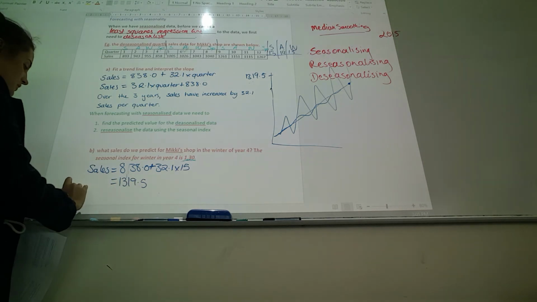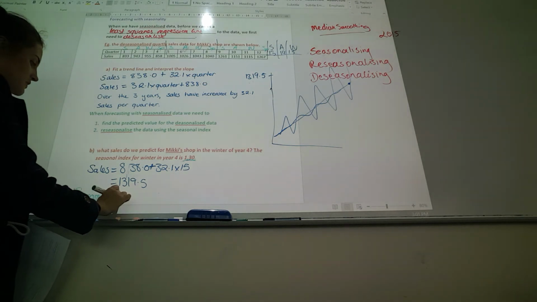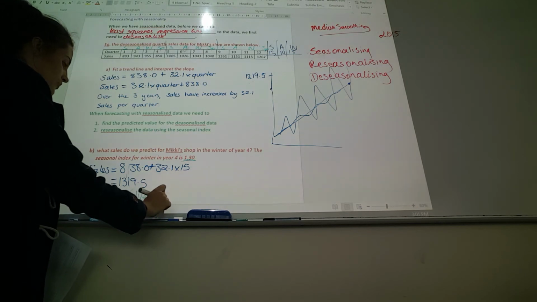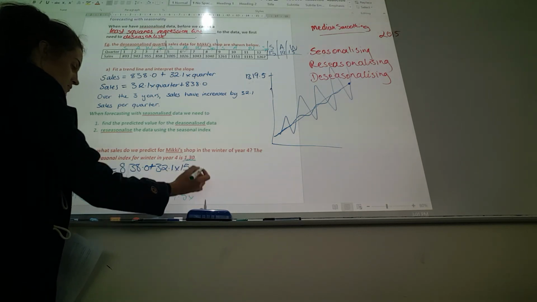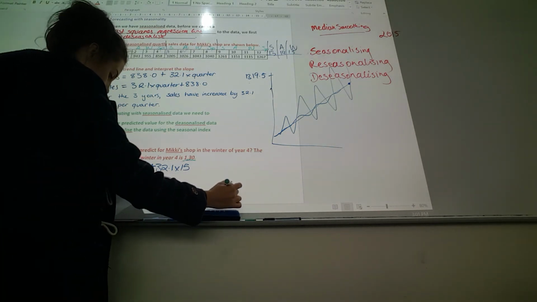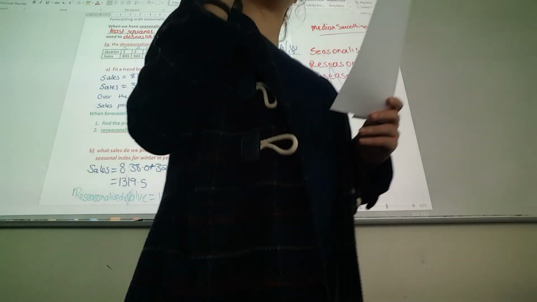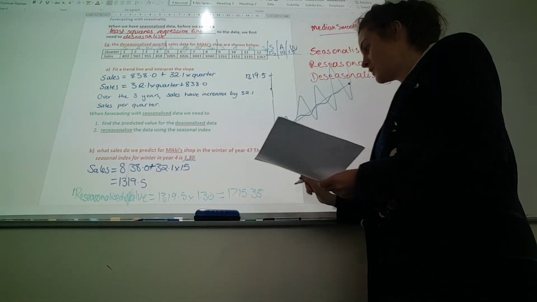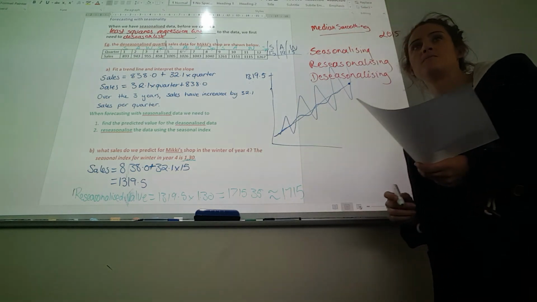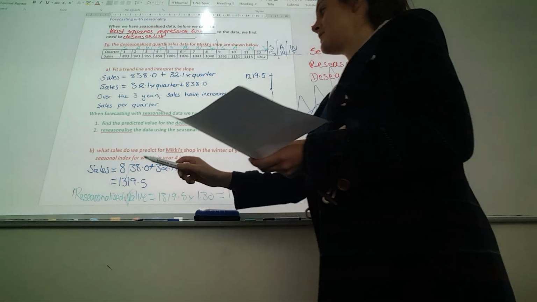So the re-seasonalised value equals 1319.5 times 1.30, and it equals 1715.35. Now, if we're talking sales, we probably can't really sell point of something, so we round that off to 1,715. So it was 1319.5 the predicted value for the deseasonalised, and this is the re-seasonalised value.